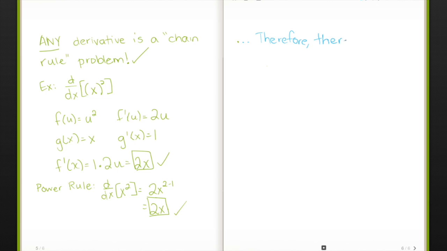Now here's my challenge to you. If any derivative is a chain rule problem, then really there is no such thing as a chain rule problem.